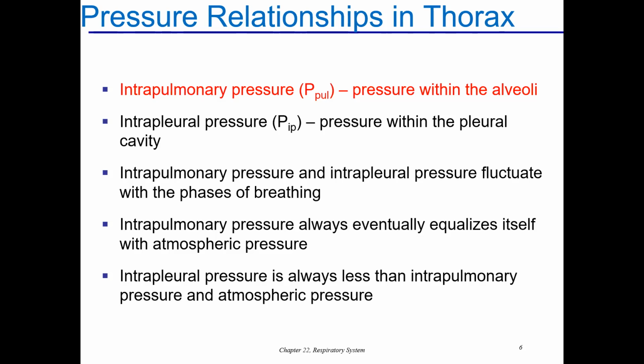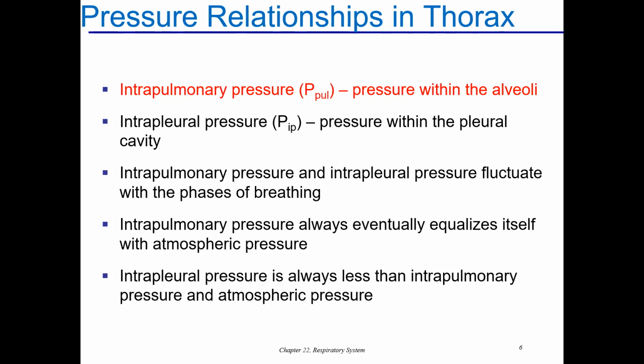We have pressure within the pleural cavity. Remember, the pleural cavity is the cavity that's between the visceral pleura and the parietal pleura. The lung has two layers of serous membrane on it. Visceral pleura sticks to the surface of the lung. Parietal pleura sticks to the inside surface of the chest wall, and the area in between is filled with goopy serous fluid.